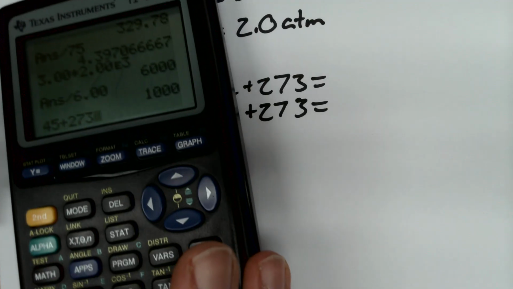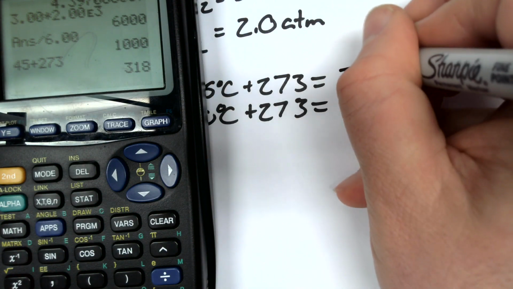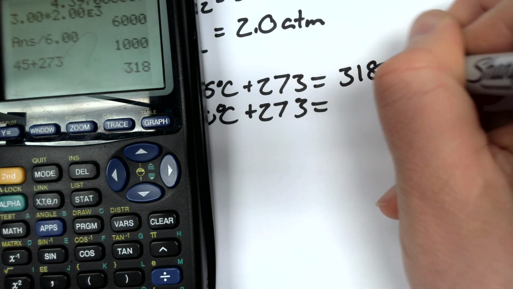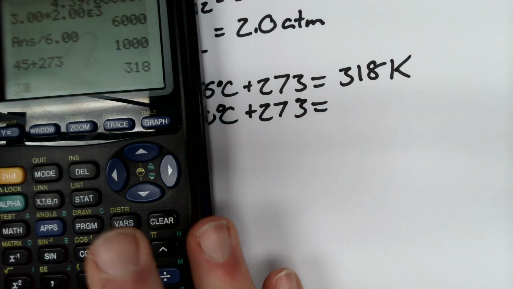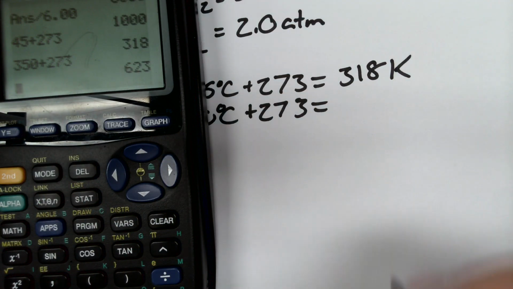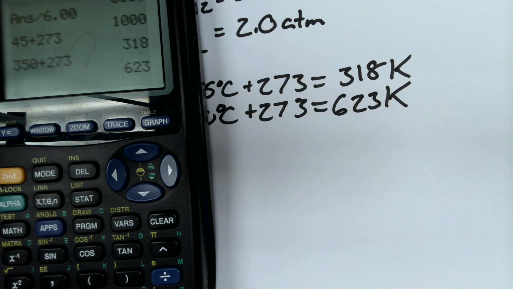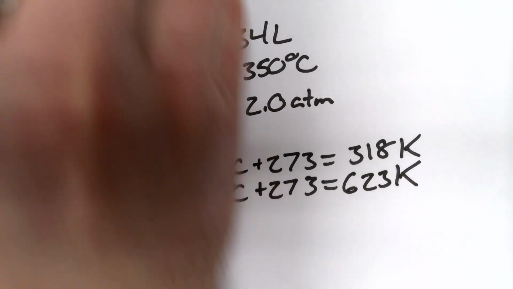Nope. That's that. So 318. And then I have 350 plus 273. 623 Kelvin. All right. So now I have all my variables.